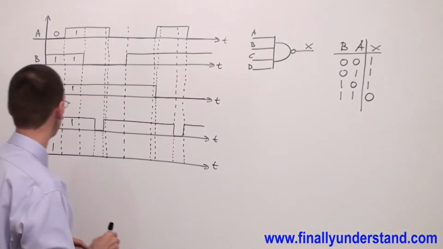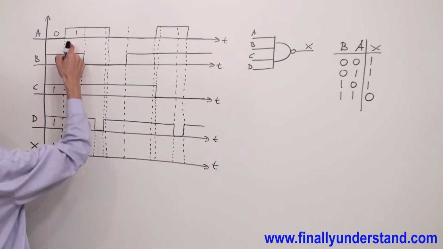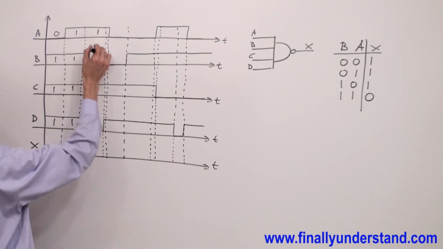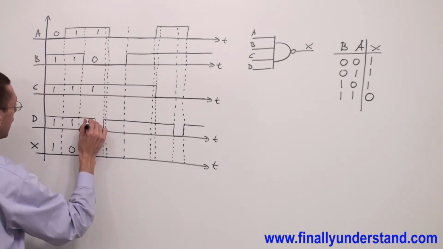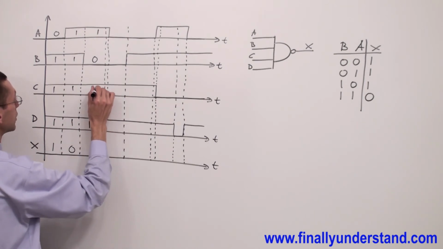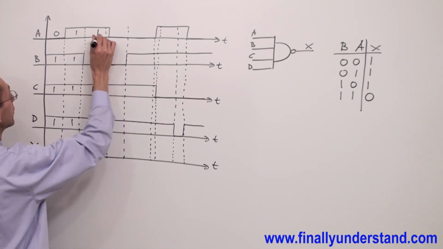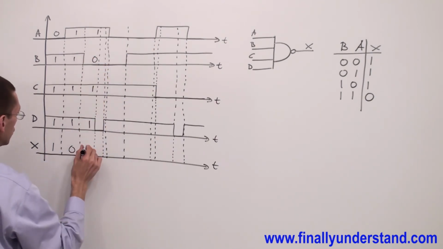That's why I'm going to write over here 0. I have high, low, high, high. And I forgot the dashed line over here. And I have a low, that's why my output becomes high.